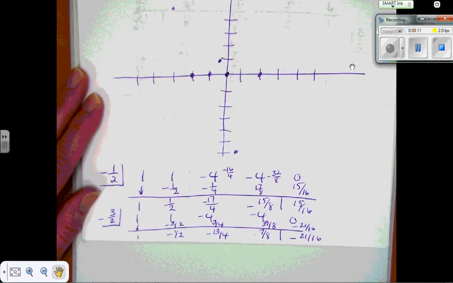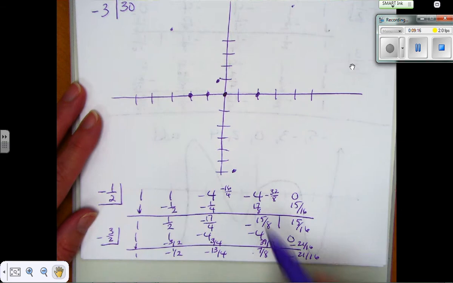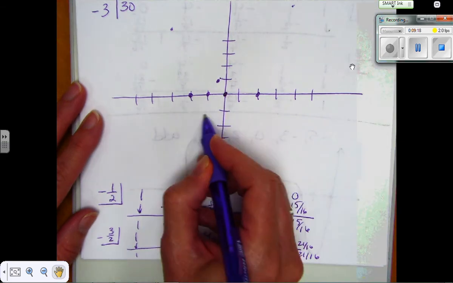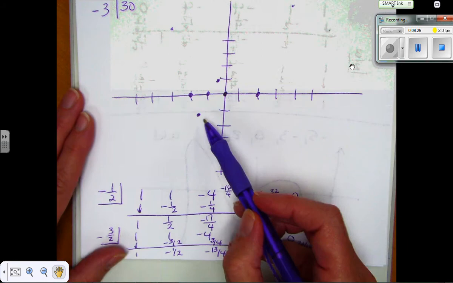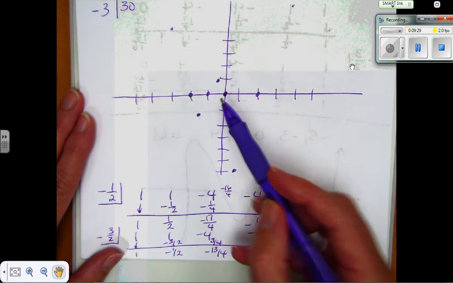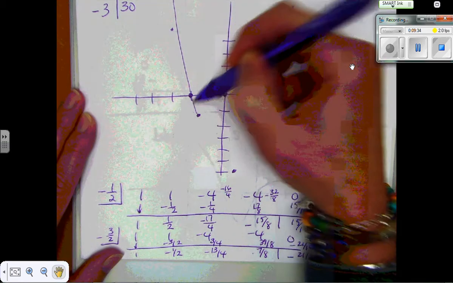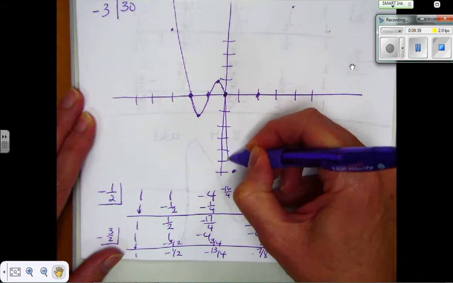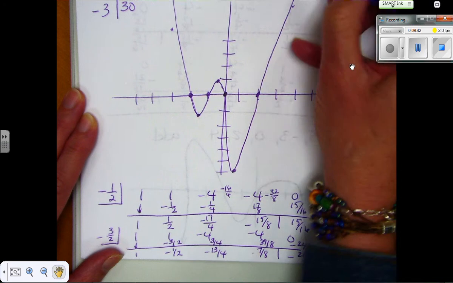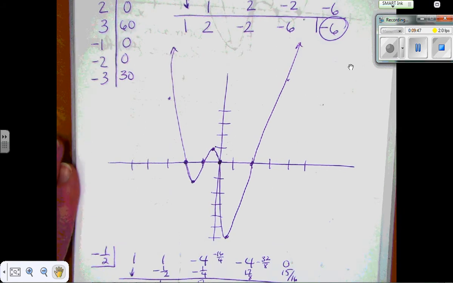So as a decimal, that's about a little bit over -1, right? About -1.3. Okay, -1.3. So now I have some points showing me where my turns are going to be, and I'm just going to use those to draw my graph, sketch it. Okay, and the arrows on the ends there tell me that it's going to go on and on forever.